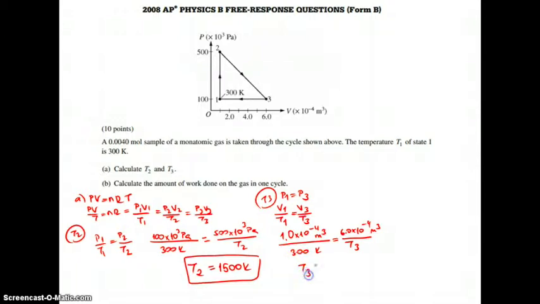When we plug in the numbers, T3 is equal to 1800 kelvins.